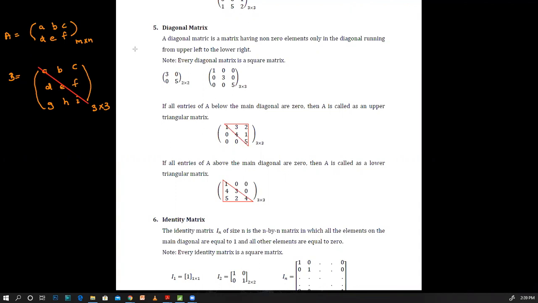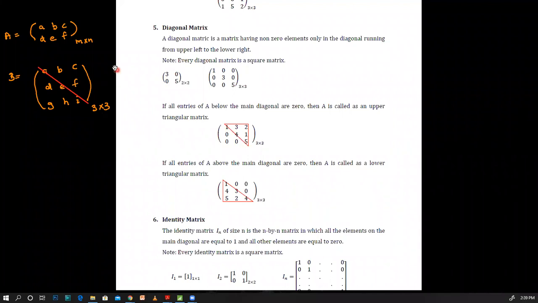Therefore, the main diagonal always starts from the top left corner and ends at the bottom right corner. Therefore, this is said to be the main diagonal of a matrix.